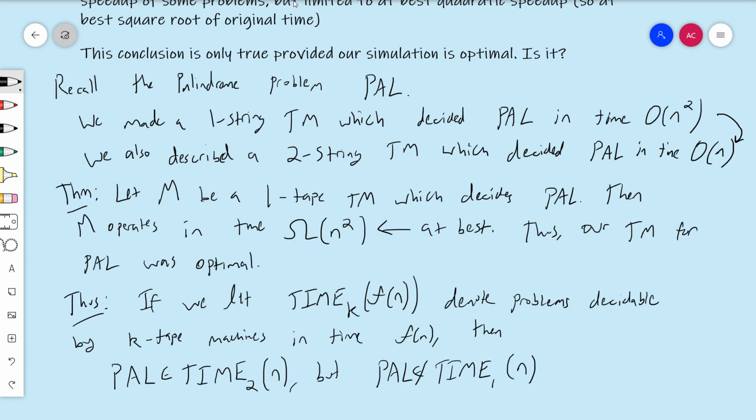And therefore, this class here is a strictly proper class compared to this. It's strictly contained. So these are not the same, definitively.